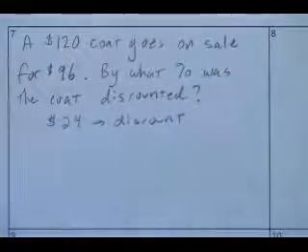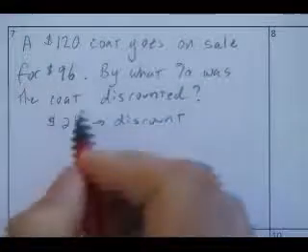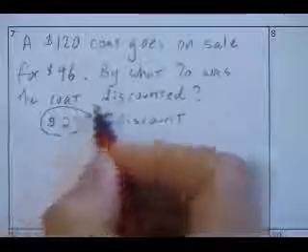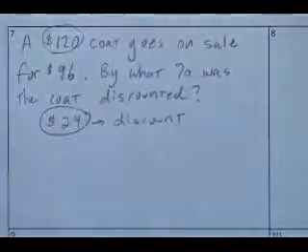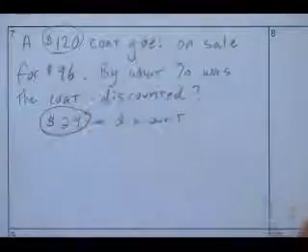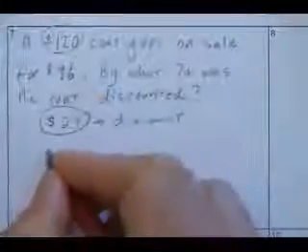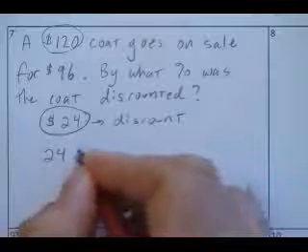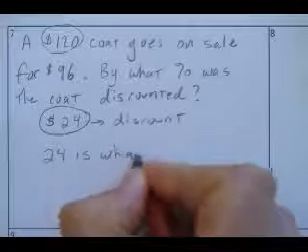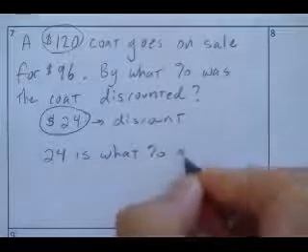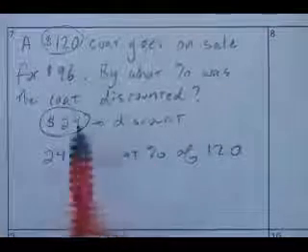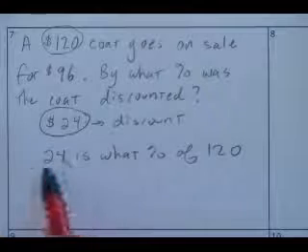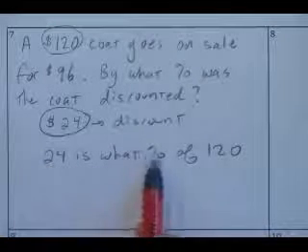But they're asking by what percent. So I'm going to make this into a sentence: 24 is what percent of 120? That's the question I'm asking, because I want to know what percent it was discounted.